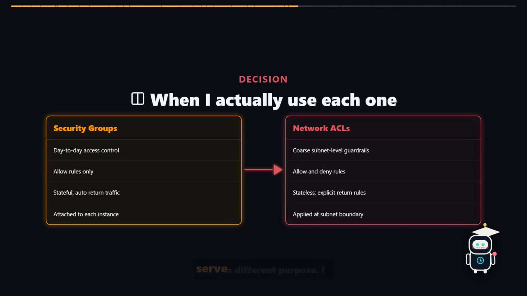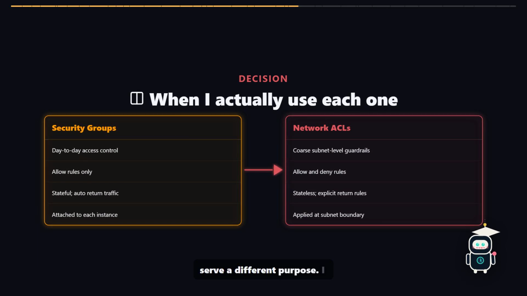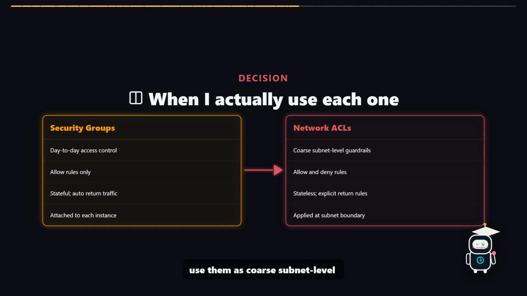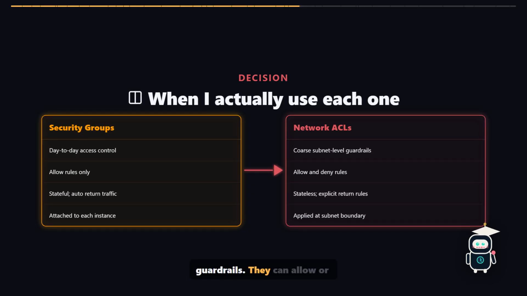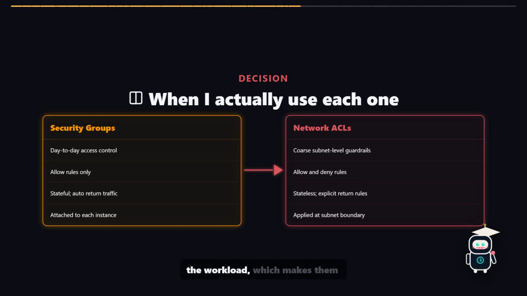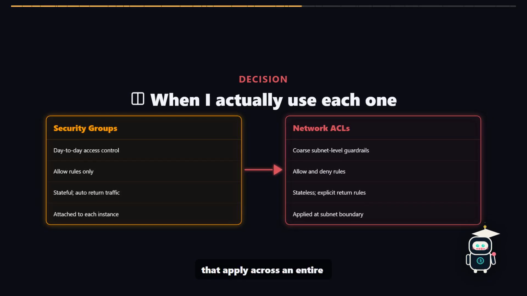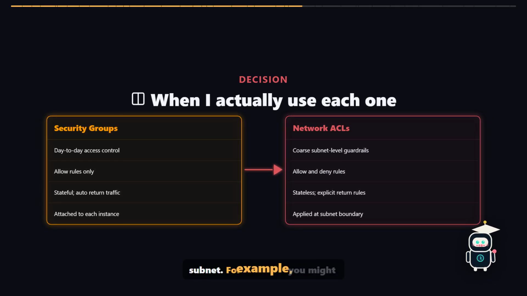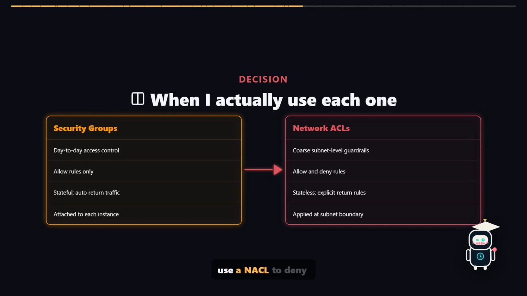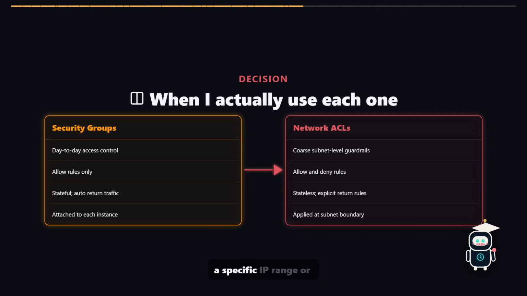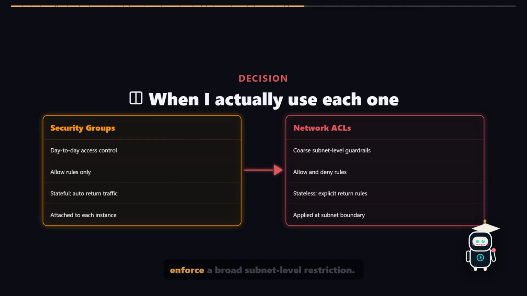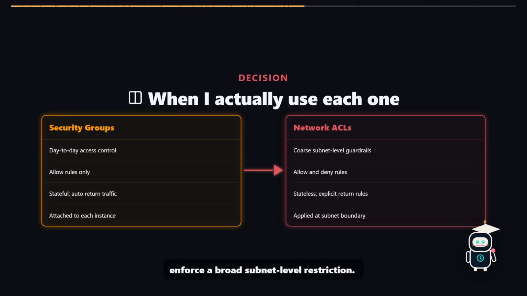Network ACLs serve a different purpose. I use them as coarse subnet-level guardrails. They can allow or deny traffic before it reaches the workload, which makes them useful when you need controls that apply across an entire subnet. For example, you might use a NACL to deny a specific IP range or enforce a broad subnet-level restriction.